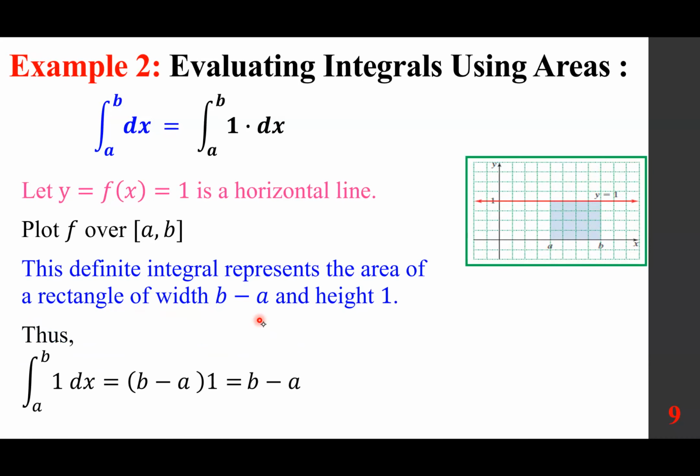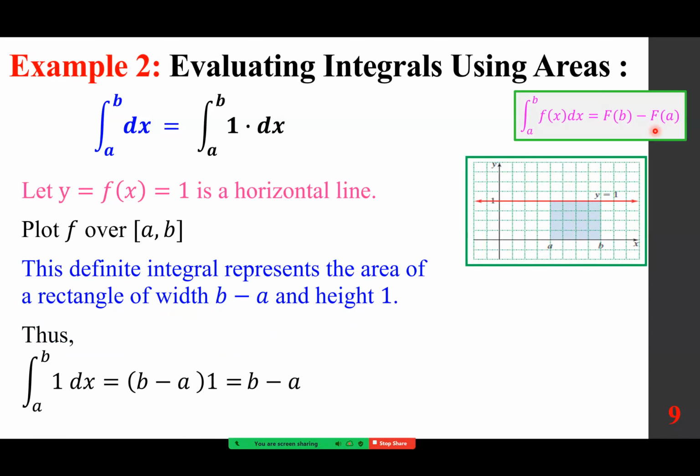Now, I want to show you how to do it as a definite integral using F of b minus F of a, because what if the area fails? What if we don't have a geometric shape? So what is this? Your f of x is 1. Find the antiderivative. So I want to make sure we understand that capital F of x would be x plus c.